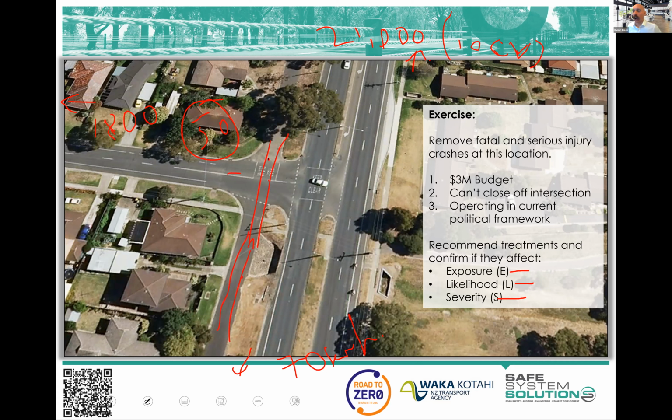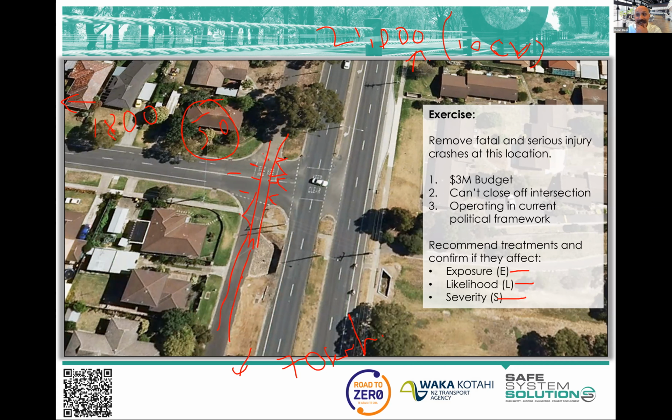So potentially a likelihood reducing factor there. The only way we could reduce severity associated with that is if we had some sort of speed reduction. So maybe at this crossing point, if this was raised or something like that, we'd have a severity reduction as well, if it came through like that.